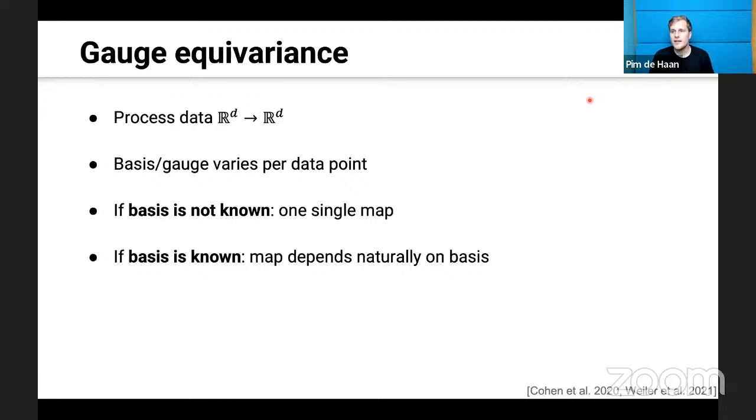One is that if we don't know the basis in which the data is presented, we can only apply a single matrix to the data, regardless of the basis. And we'll see that this leads to equivariance relative to gauge transformations. But if we do know the basis in which the data is presented, then we can have the map that we apply depend on the basis.